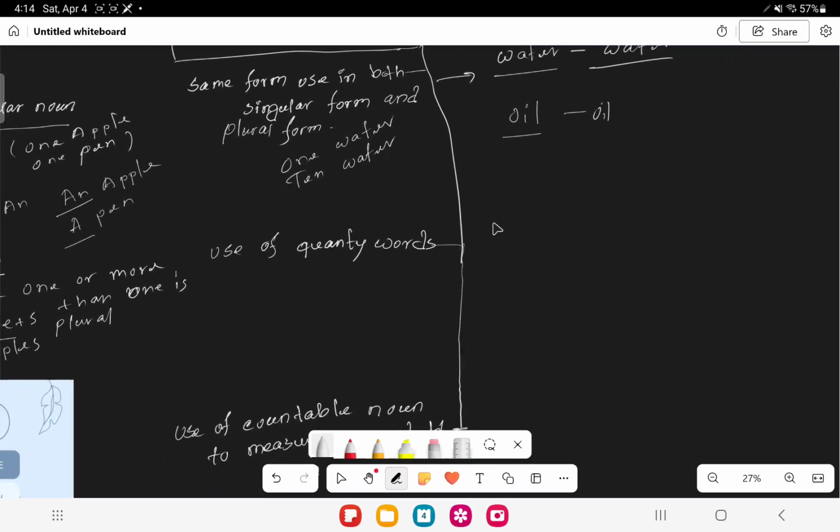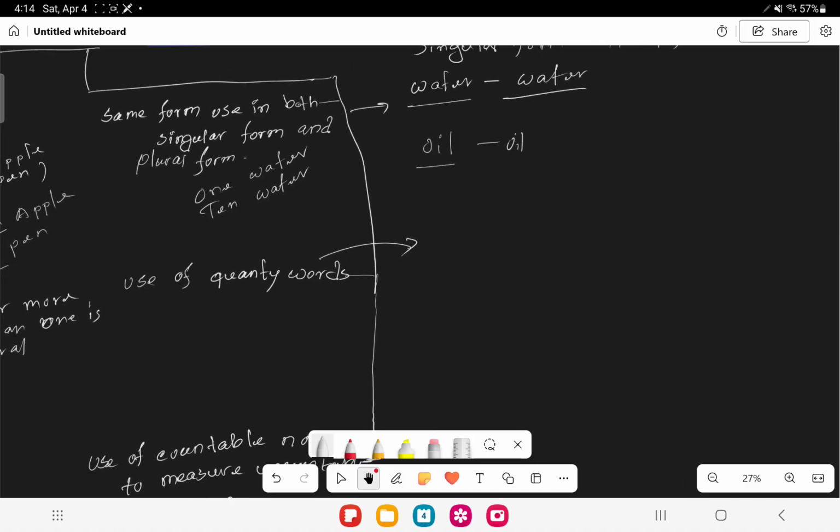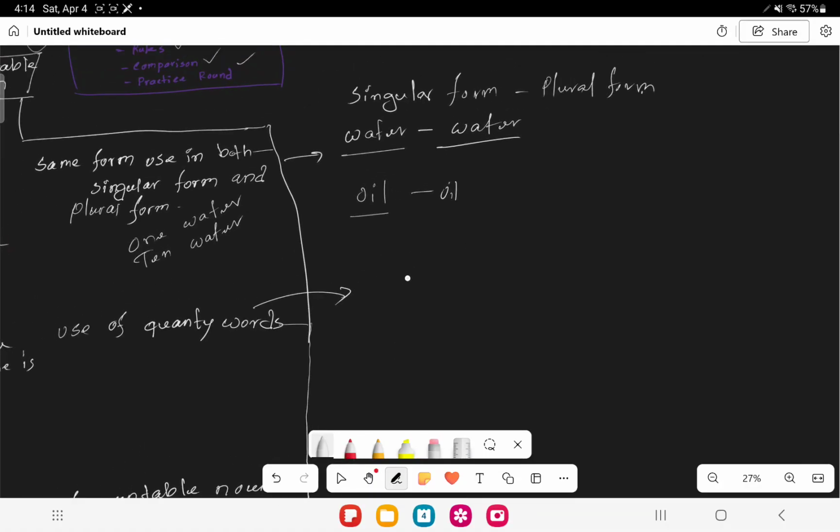Okay, then another rule. We use quantity words to understand how much or how many are there in uncountable nouns.